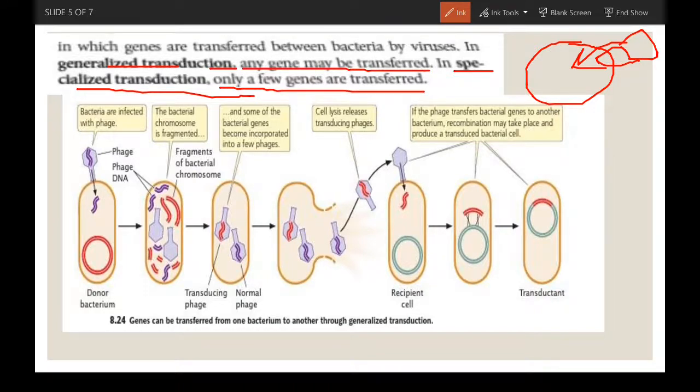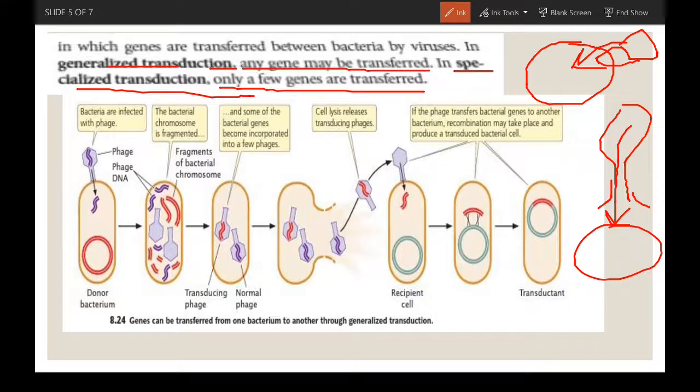So first you need to know that transduction means that a phage, a virus, will transfer bacterial DNA into another bacterium, via a phage. This is known as transduction. So how does this happen?